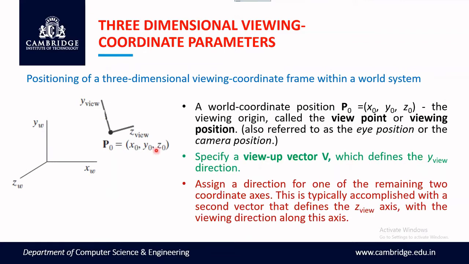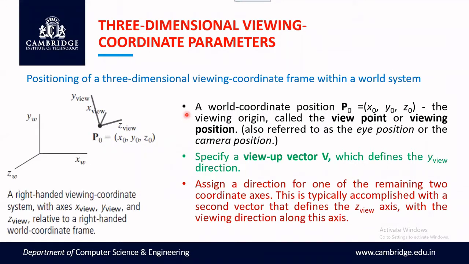That is your Z view direction, your Z view axis. Ideally, this view up vector and viewing direction should be perpendicular to each other. But when we take a view, we generally don't see it as perpendicular. It is in some direction other than your Y view.